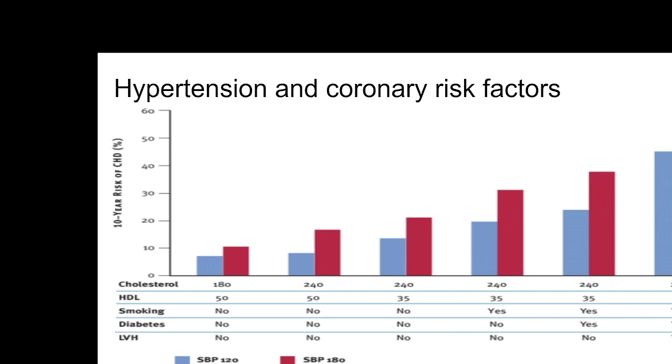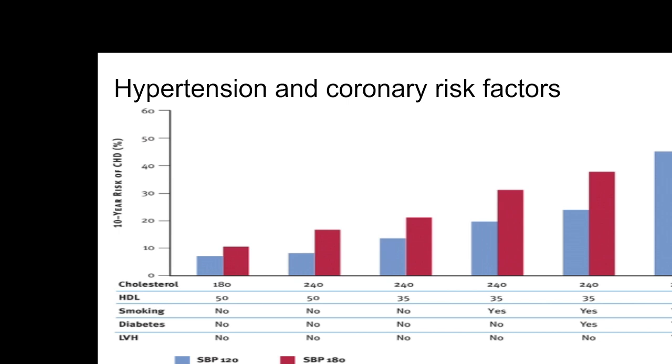And the coronary risk factors will be added further. If a patient is hypertensive, the risks are more, but the risks are further enhanced if a person has a low high-density lipoprotein level, or if the cholesterol level is increased, if the person is smoking, if the person is diabetic, and if the patient already has left ventricular hypertrophy. Now, this data gives you the idea. If the cholesterol level is 180, the risk is comparatively lower.